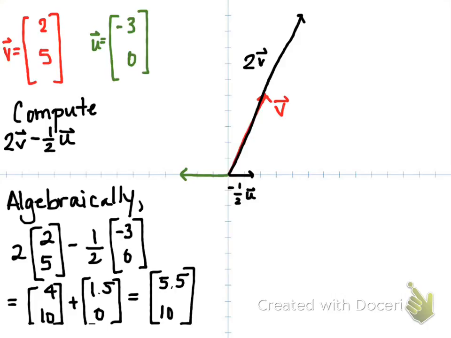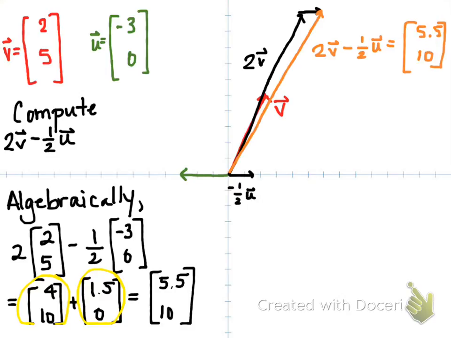So I computed each of those. That is like computing 4, 10 and 1.5, 0. You do both of those and then you add it using our tip-to-tail method. We get this vector here, which, we can look at it by inspection, we get 5.5, 10.